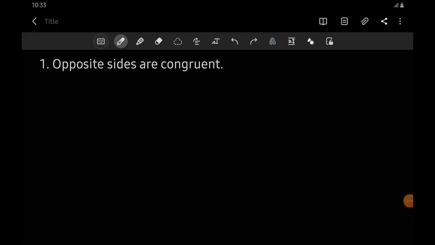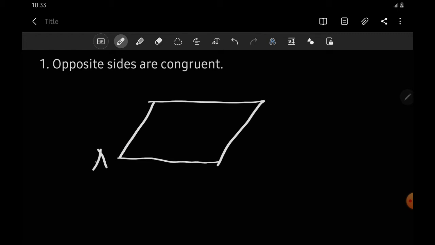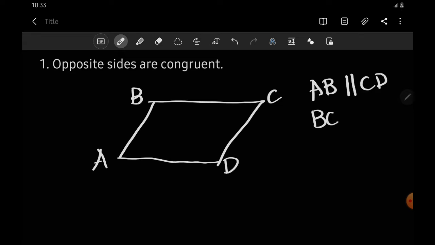Let us discuss first the first property, which is opposite sides are congruent. For example, I have here parallelogram ABCD. We all know that if we are going to name those sides, we can name them as AB parallel to CD and BC parallel to AD.